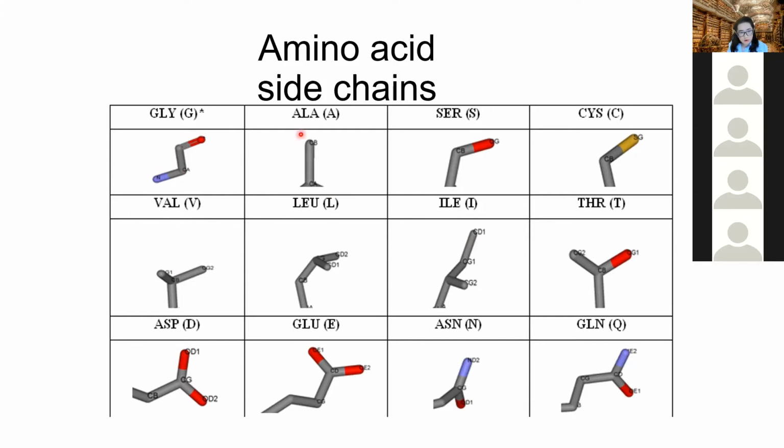They normally serve the structural roles. So it's not very interesting, but they serve the structural role with their various size and shape. And serine and threonine have one hydroxyl group, which is the oxygen gamma here. So the red tip is OH or hydroxyl group. It allows for phosphorylation or other post-translational modification.